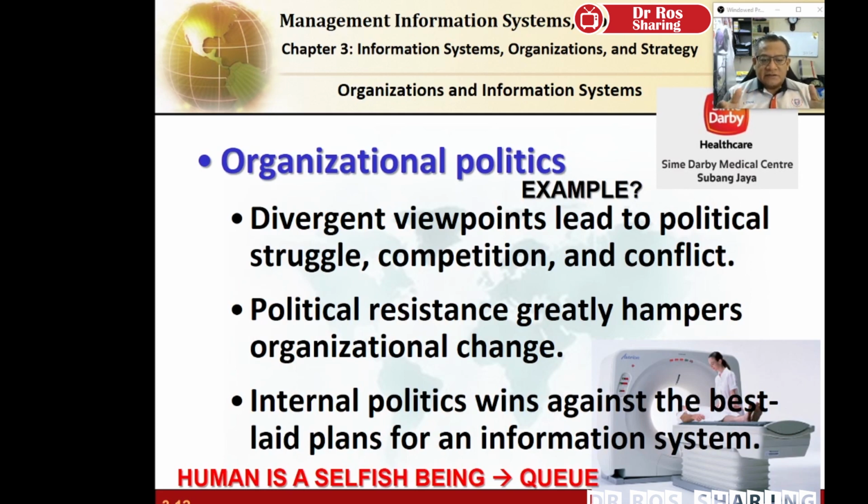In a very narrow perspective, we could say that humans are basically selfish, thinking of themselves first before others. For example, in a queue, of course you would like to get served first, but the basic arrangement is first come first served. So that is the organizational politics within the organization.